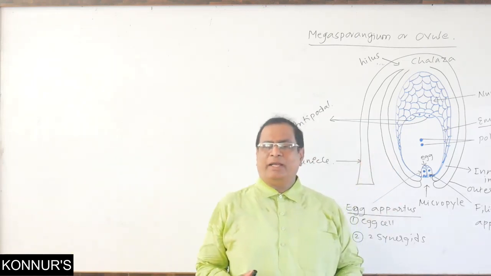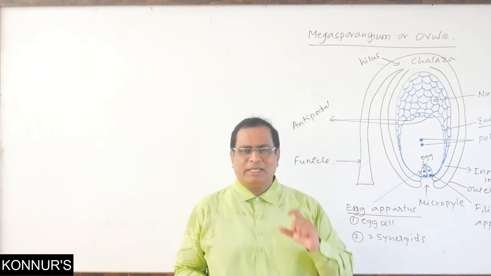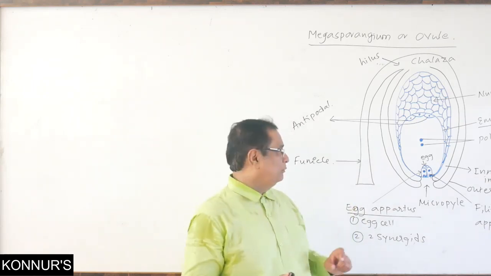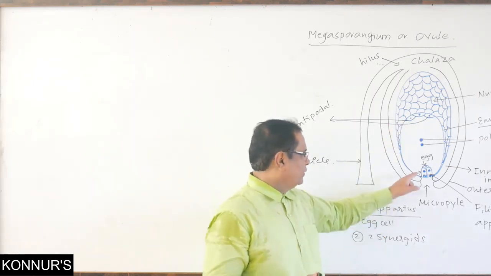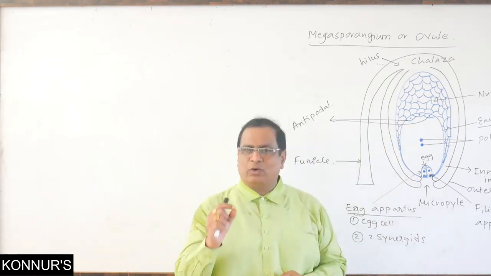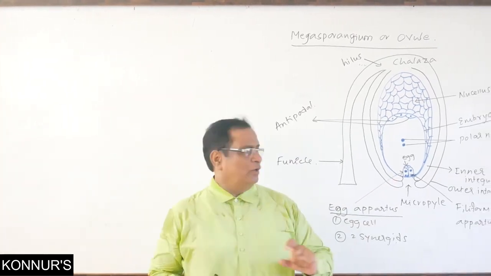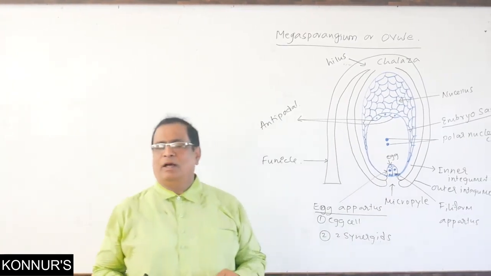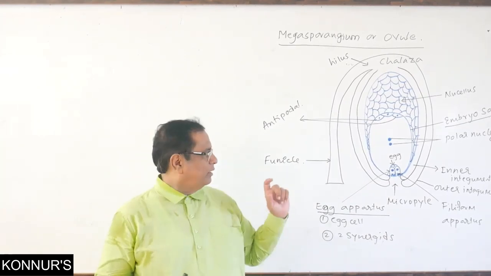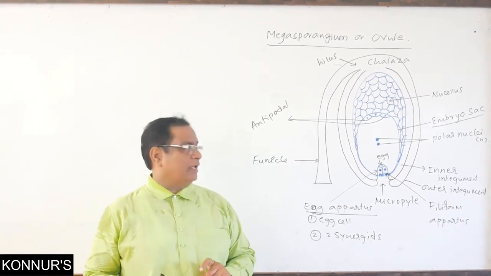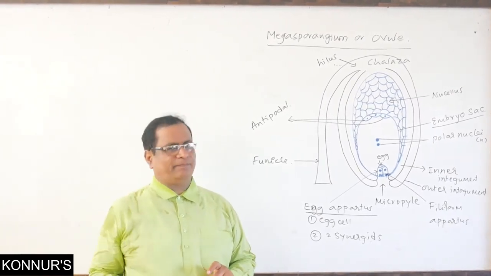Here the female gametophyte is embryo sac, and it is developed from one of the nucellus cells which is present towards micropylar end. A cell which is present towards micropylar end in the nucellus is giving rise to the female gametophyte or embryo sac.